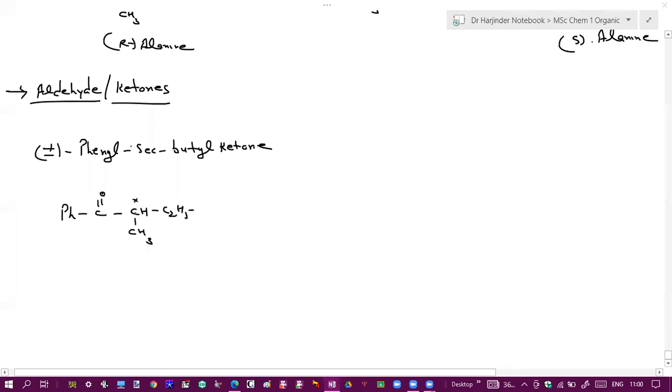So here you have a chiral carbon and it exists in two enantiomeric forms. So it is your plus and minus, or R or S. And we have to separate it. So how can we separate this racemic modification of aldehydes or ketones? Yes.